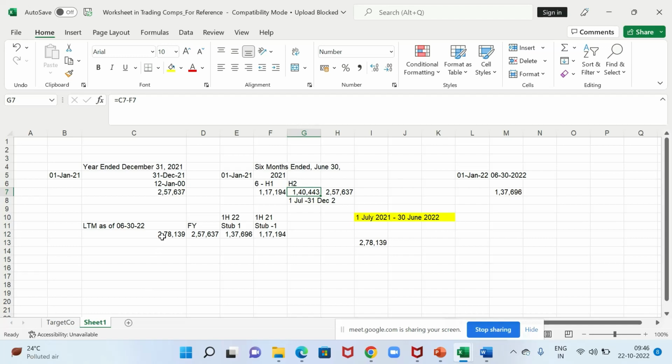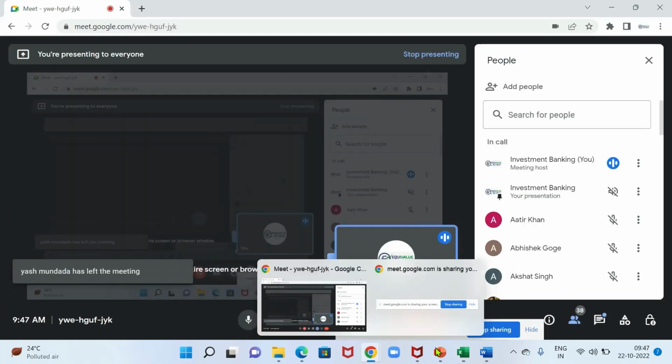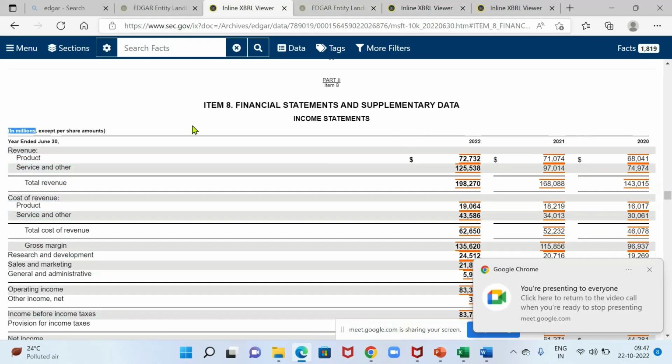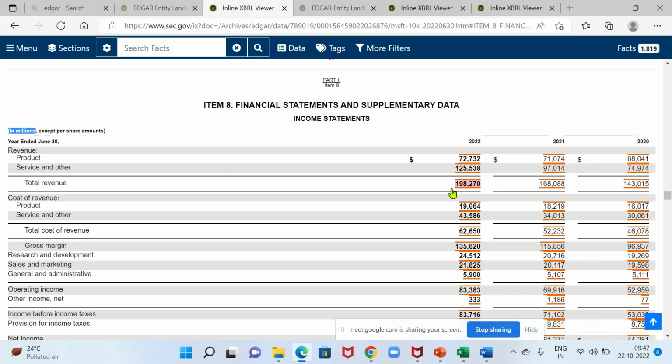So now 278 is comparable to what? My MSFT number, 198. When I'm valuing a company and making a peer comparison, remember that trading comparable is peer comparison.